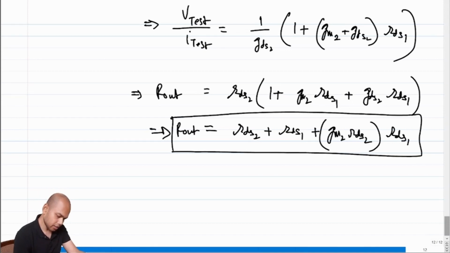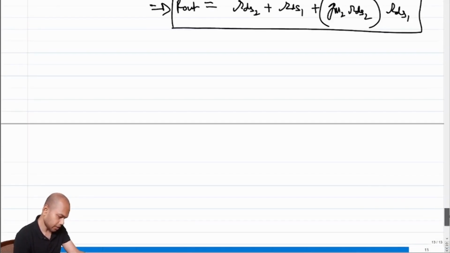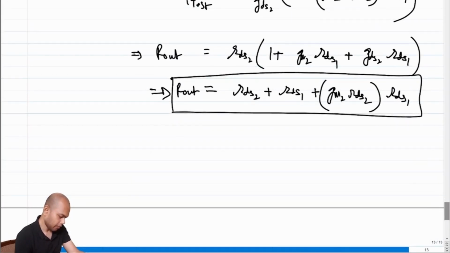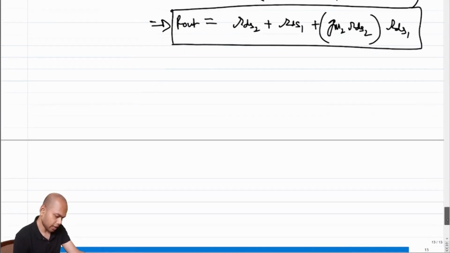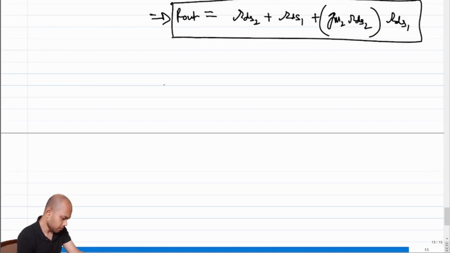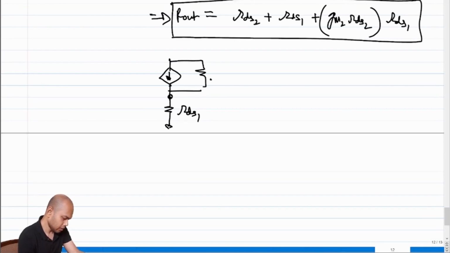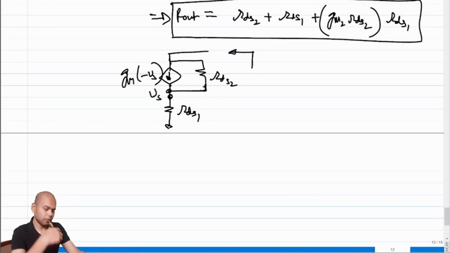So let's sketch the network once again and have a brief look into what this actually means. What is happening here? We have RDS1 here, we have RDS2 here, and this is Vs, this is Gm times minus Vs. And we are trying to find out the impedance looking from the top, right?